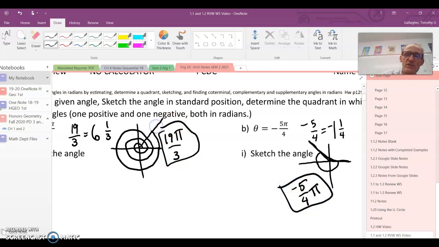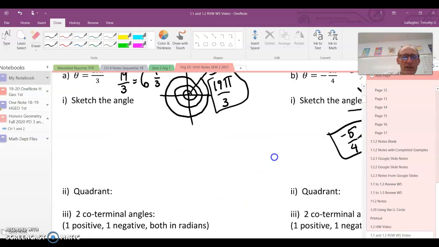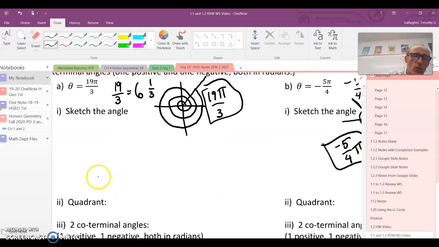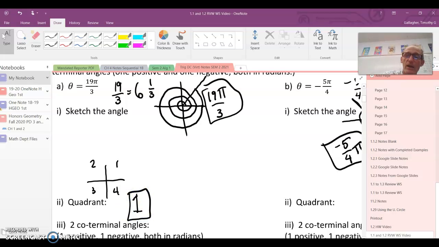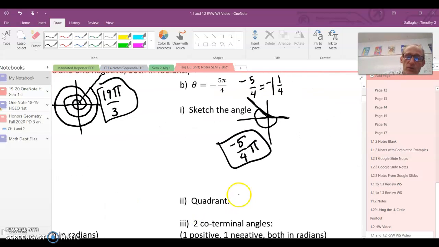When you sketch these angles, you have to try to get what quadrant you're in. Remember, the quadrants go 1, 2, 3, 4, counterclockwise. So 19 pi over 3 is in quadrant 1, and negative 5 pi over 4 is in quadrant 2.